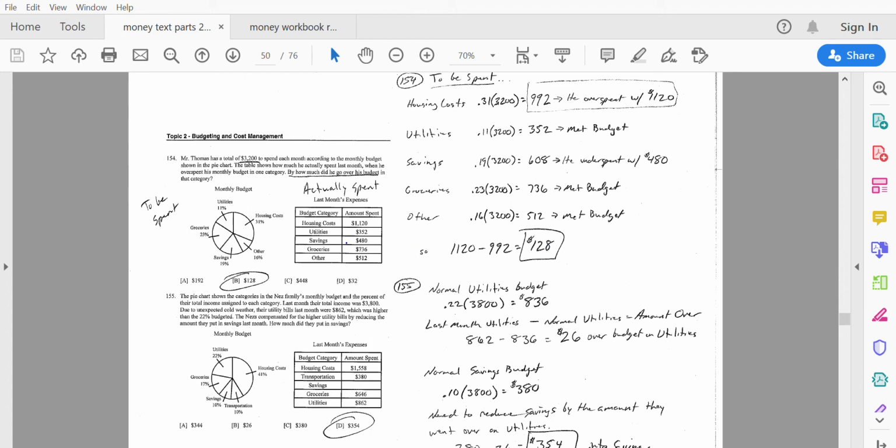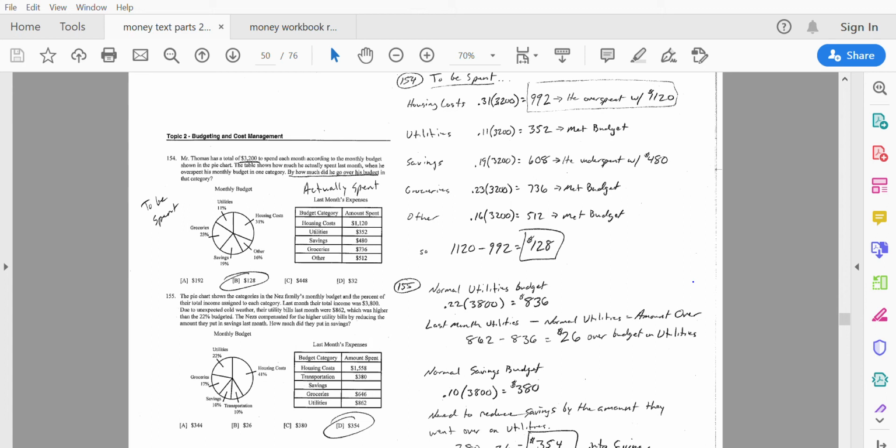Now, the paragraph says they had to pay more than that. It was colder, so they ended up having to pay more. So they paid $862. So we need to find out how much more they paid. So we take the $862 minus the $836 that they had budgeted for. So here's the first big piece of information. They went $26 over on their utility bill.